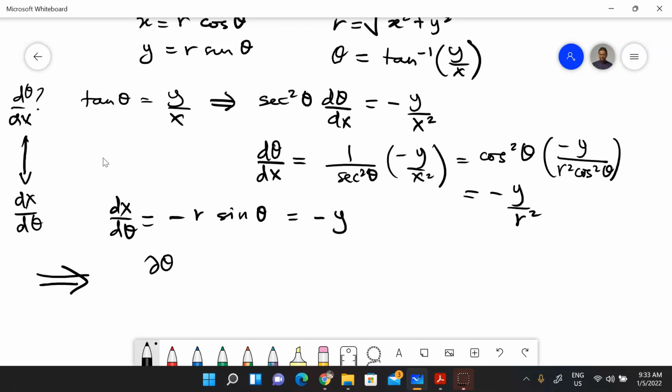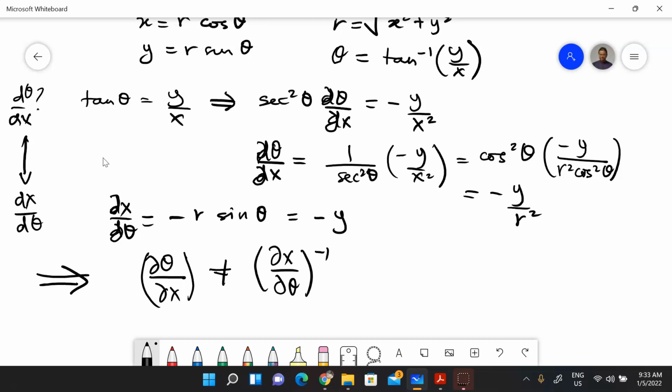I should have taken all as a partial derivative, sorry. So forgive me for that. So over here, one can actually immediately see partial theta partial x is not equal to partial x partial theta inverse.